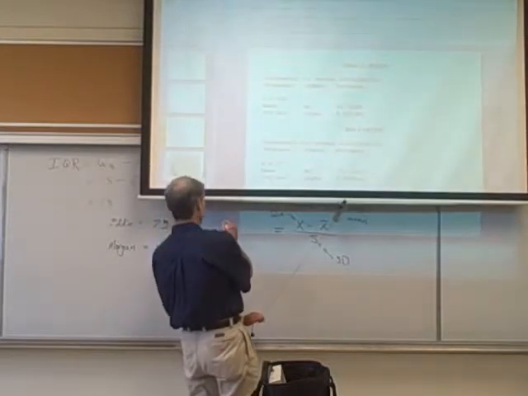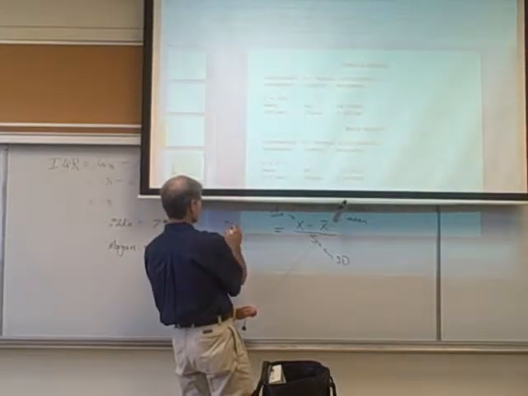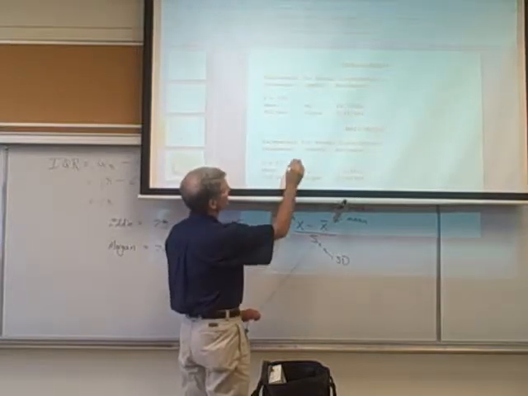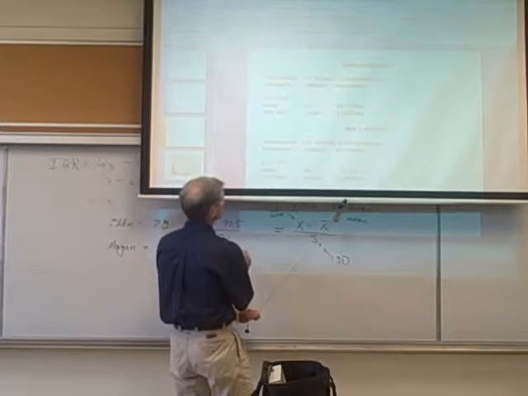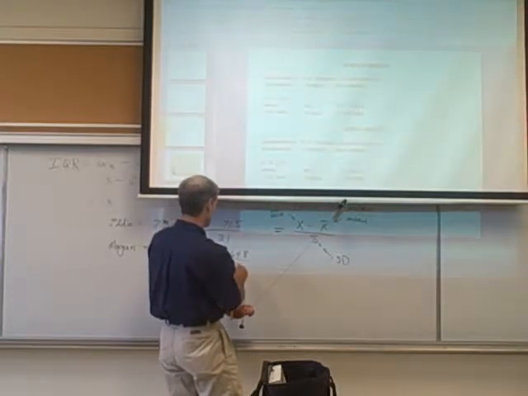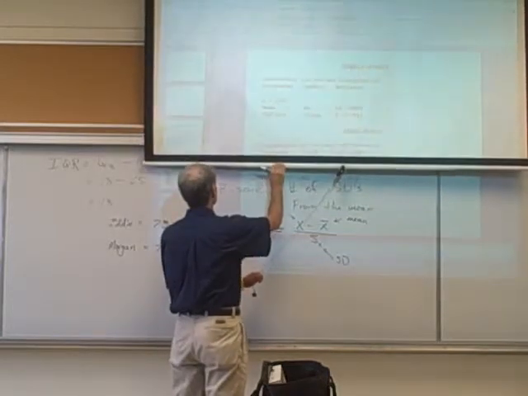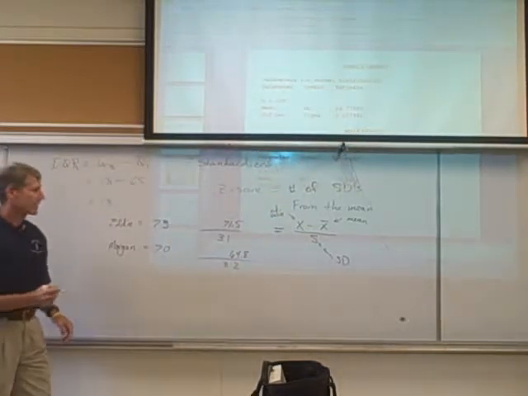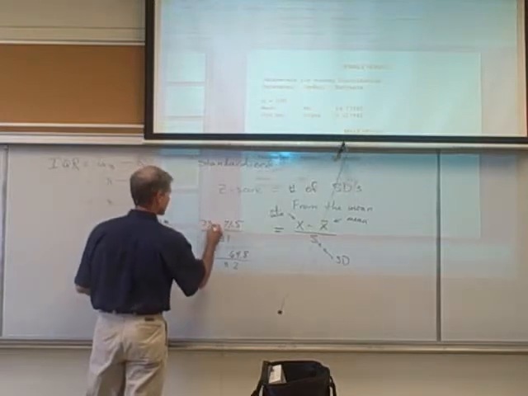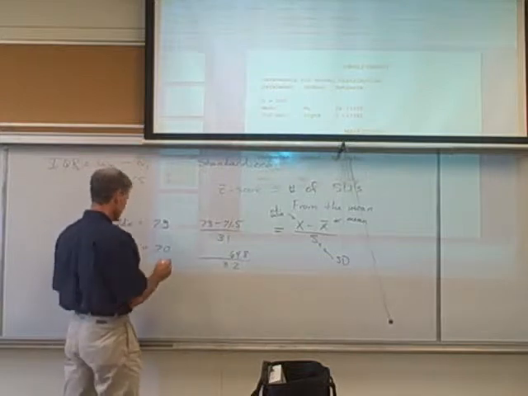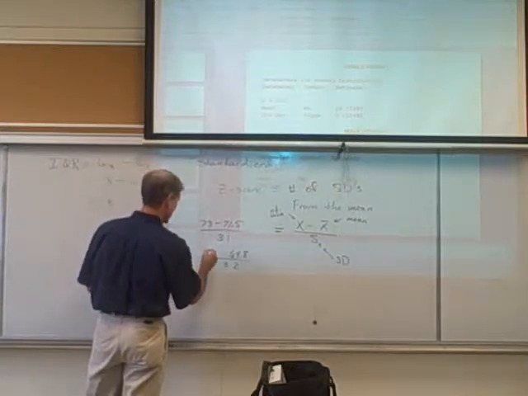Maybe I should write them down here. So for men, it's 71.5 and the standard deviation was 3.1. For females, it's 64.8 for a mean, and a standard deviation of 3.2. So let's compute the z-score for each of them. 73 minus 71.5 divided by 3.1. Do that one, and then we'll do Morgan.